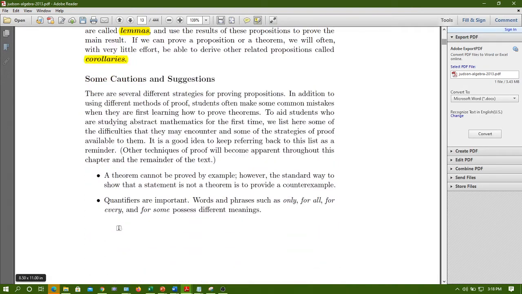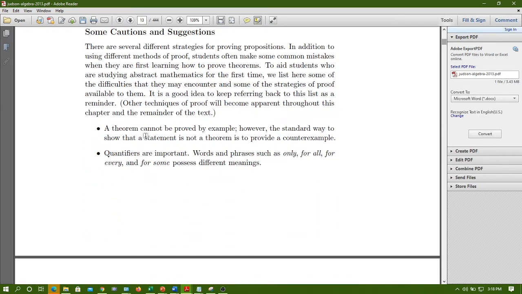Another thing that I want to emphasize with this topic is some cautions and suggestions about mathematical proof. There are several different strategies for proving propositions. In addition to using different methods of proof, students often make some common mistakes when they are first learning how to prove theorems.